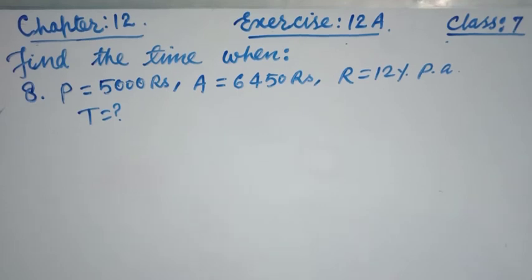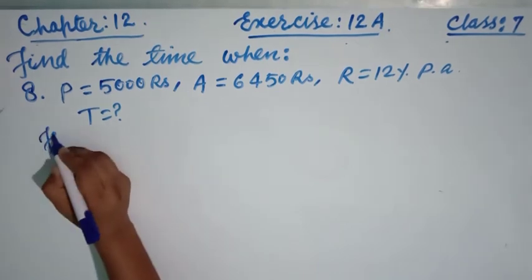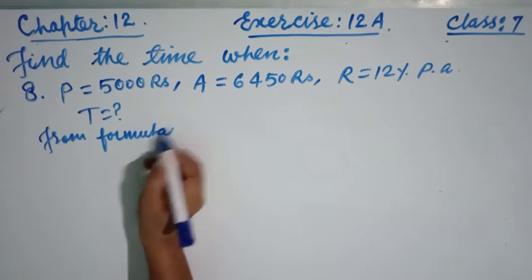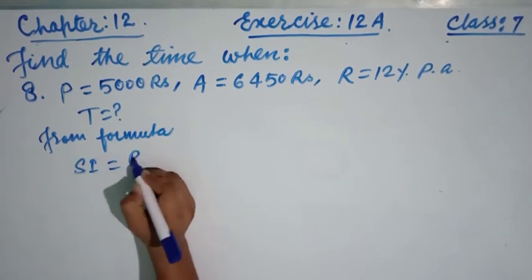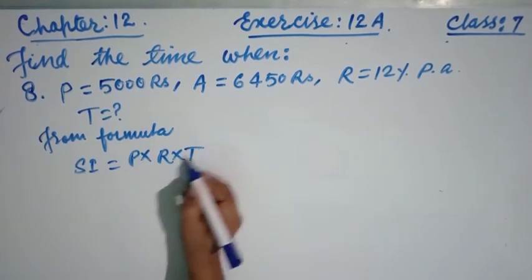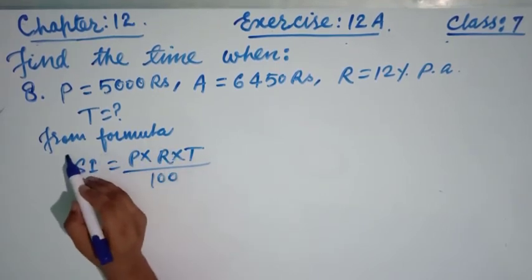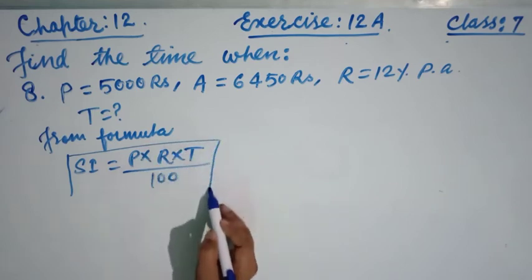Now see, friends, we need SI in order to find T, because if we apply the formula SI is equal to P multiplied by R multiplied by T divided by 100, there is no A in this formula.